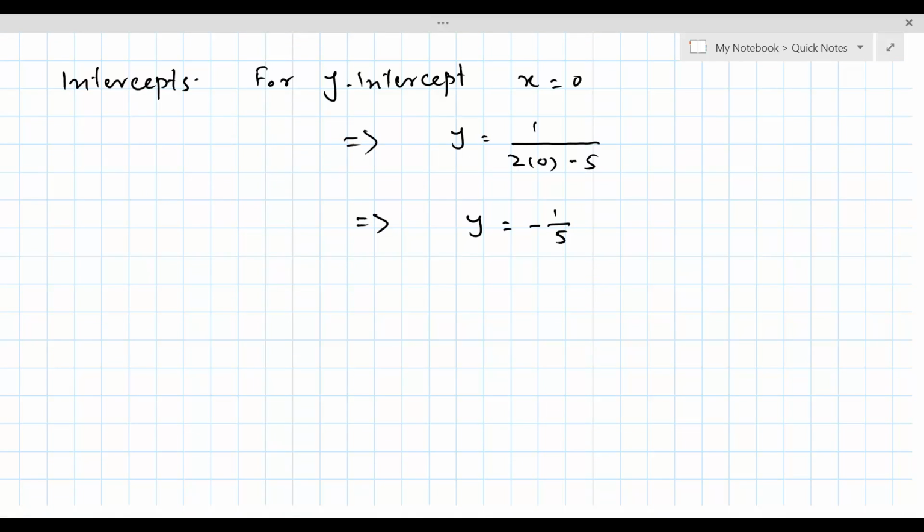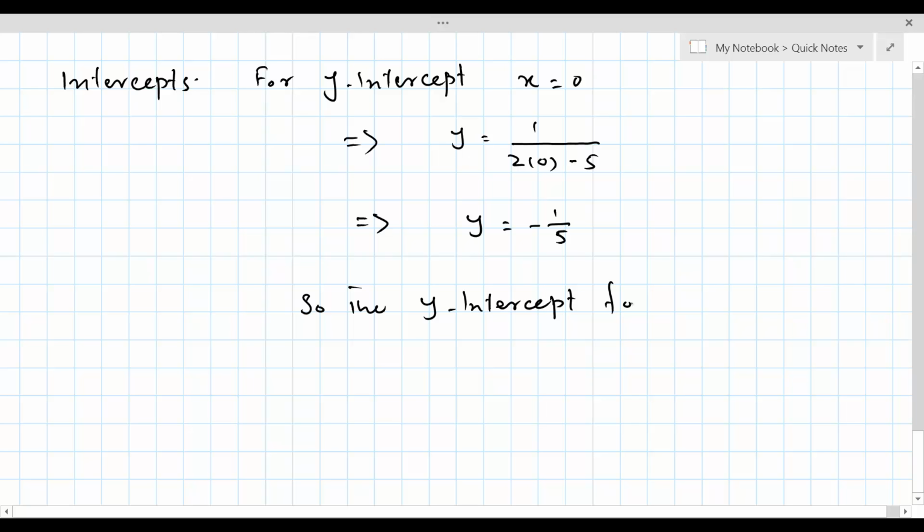So the y-intercept for the reciprocal function is (0, minus 1/5).